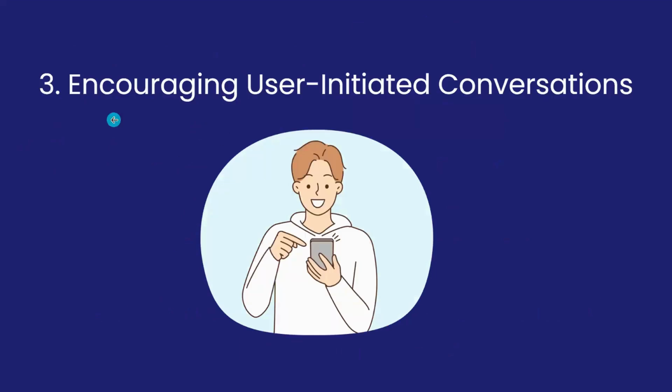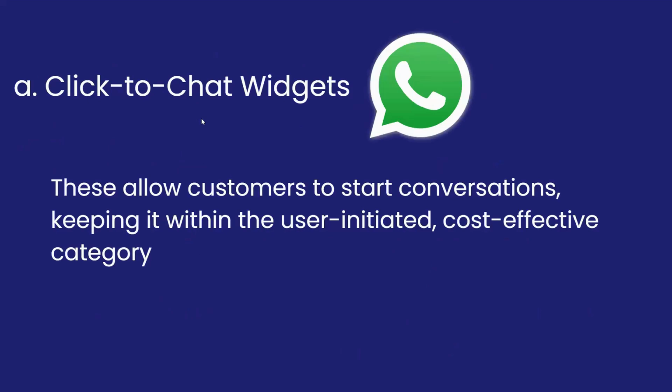And the third thing is encouraging user initiated conversations. So as I told, for every month the first 1,000 conversations which are initiated by the users are free of cost. Okay, not charged by Meta. So what we can do, we can use click to chat widgets in your website or in your landing pages, etc. What you're doing, just downloading an image or anything of WhatsApp, you are adding it in your website or in your landing page, and you are linking that with the API.